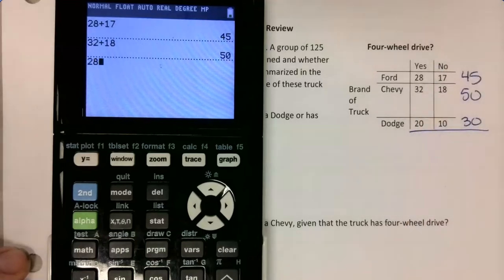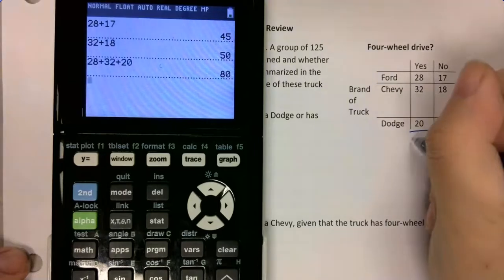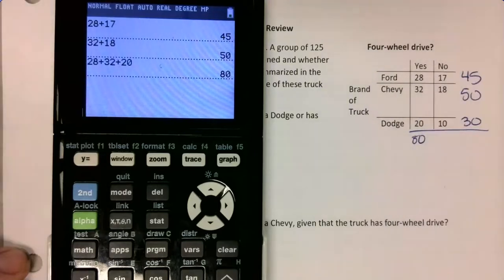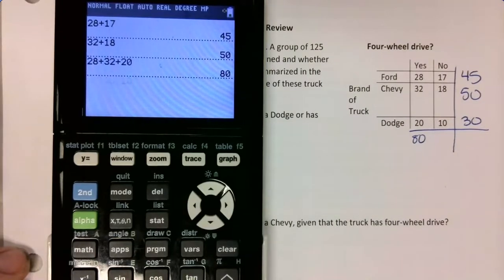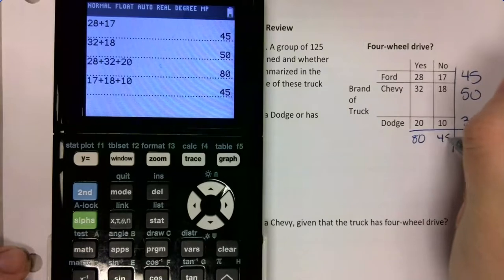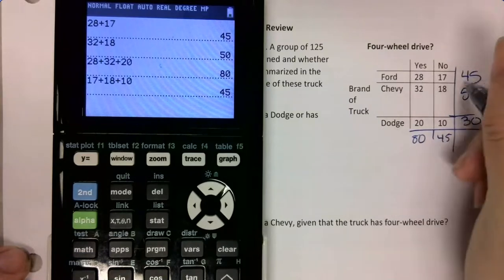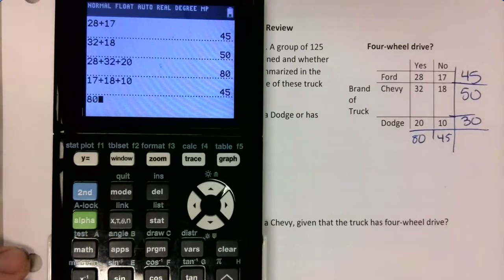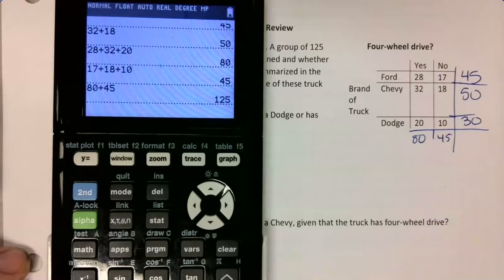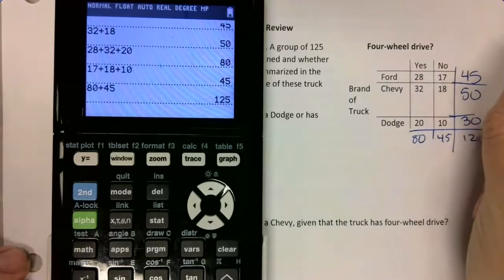So how many yeses are there? 28 plus 32 plus 20 is 80 yeses. And then I want to add my no's down. 17 plus 18 plus 10 gets me 45. And then 80 plus 45 or 45 plus 30 plus 50 should both give me 125.